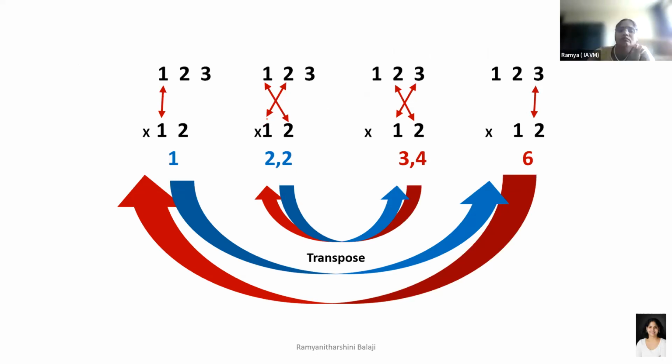So 1 row into 2 column, the top one is the column and the bottom one is the row. So 1 row into 2 column, and you can see the pattern mirroring here. So it transposes with the 2 column into 2 row. So here again, the 1 column into 2 row transposing with the 1 column into 3 row.